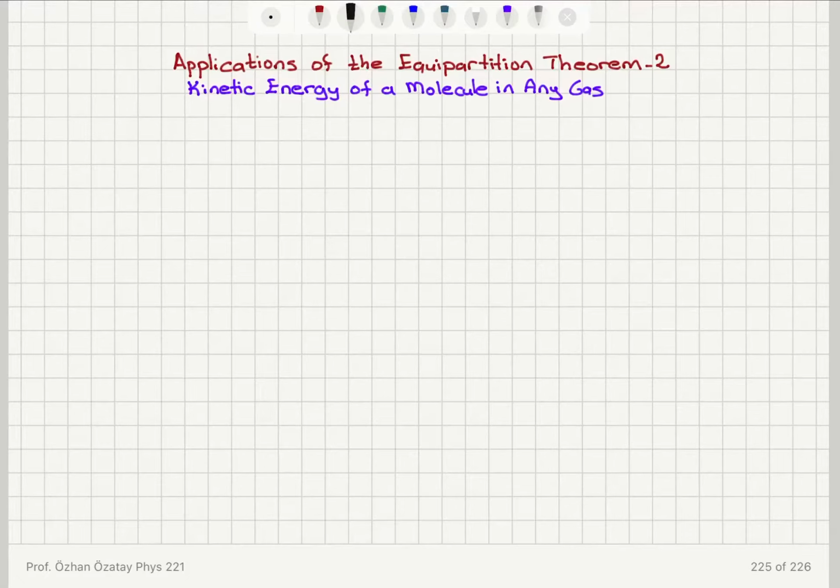Now let's consider any gas. In this case, we can write the energy per molecule as a contribution from the translational kinetic energy of the center of mass and other components. So I'm going to talk about the energy of a molecule in any gas.